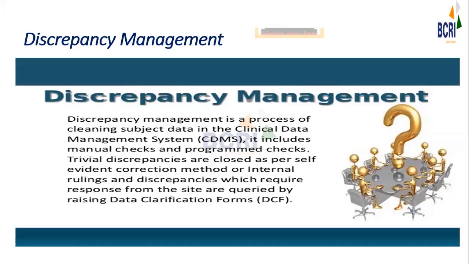Okay, so this entire process of discrepancy management. Discrepancy means, as per protocol, suppose the weight was supposed to be mentioned in pounds, you have mentioned in kgs. Okay, simple thing I'll give you. Forget about pounds. You consider kgs and grams.